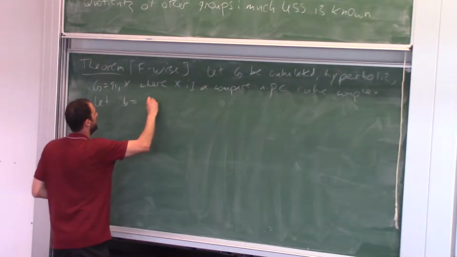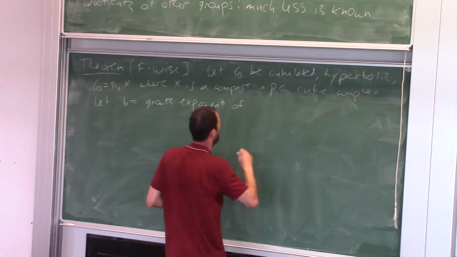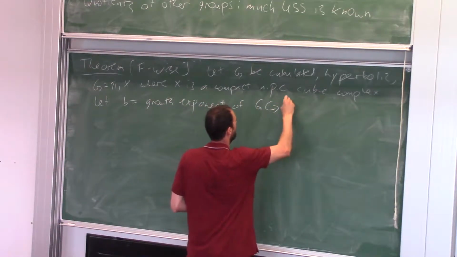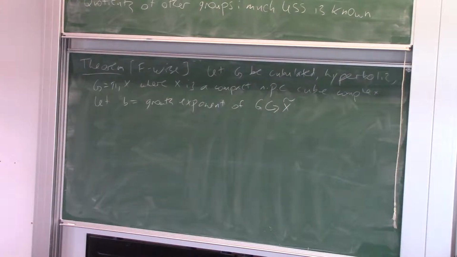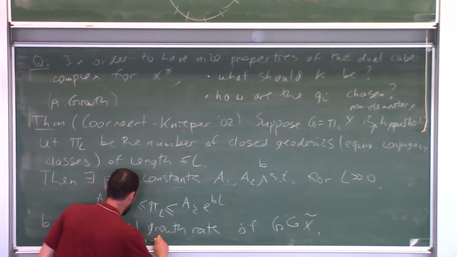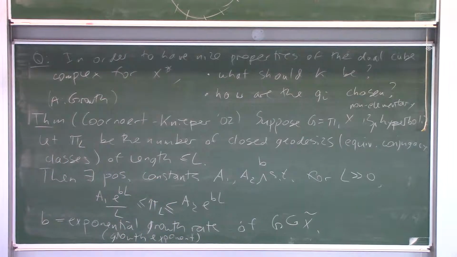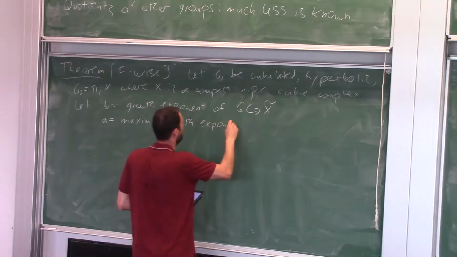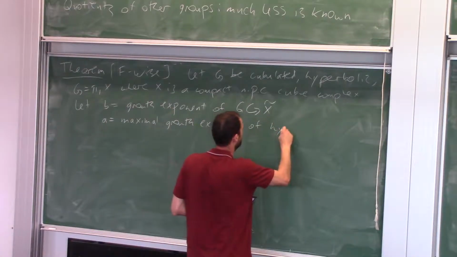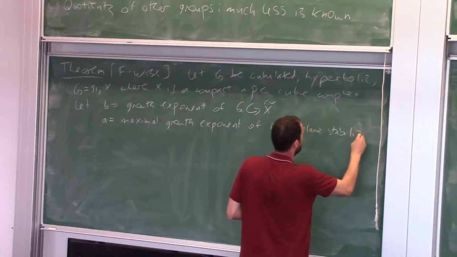So let B be a growth exponent of G acting on the universal cover of X. A is the maximal growth exponent of a hyperplane stabilizer.